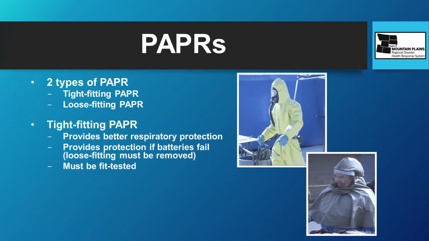The tight-fitting one, which is the upper picture, is essentially a face mask, and provides better protection for respiratory exposure. If the battery was to fail or run out, it still provides you a modicum of protection until you can leave the area. The potential downside to a tight-fitting powered air purifying respirator is that it must be fit tested on an annual basis.